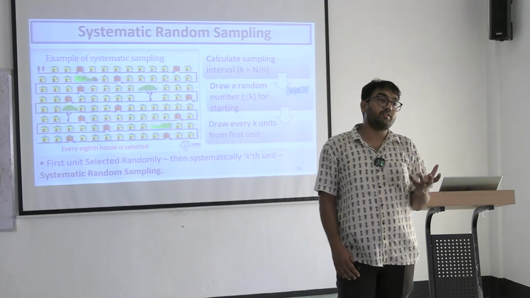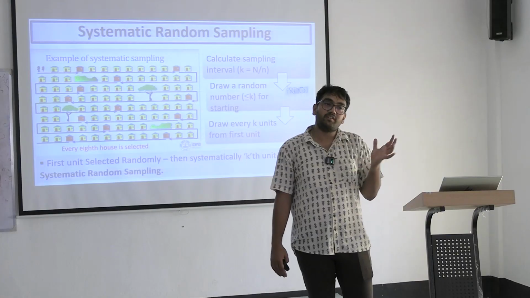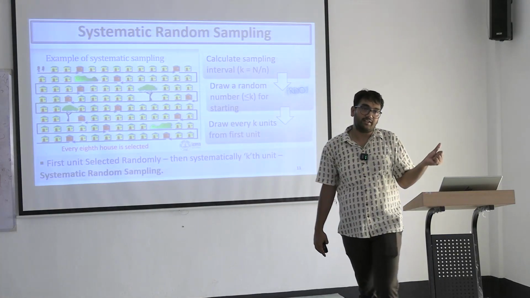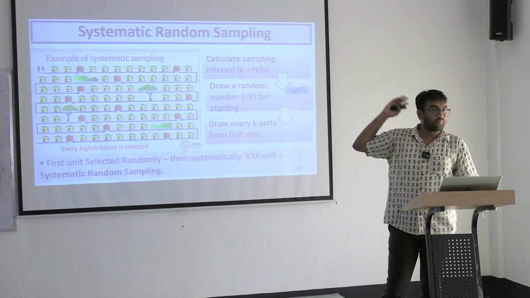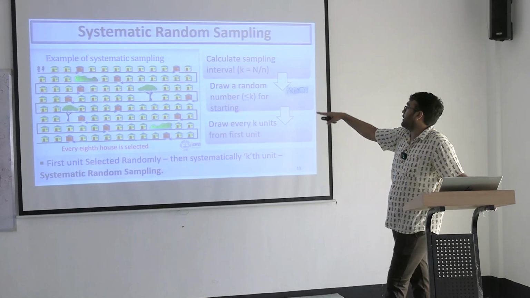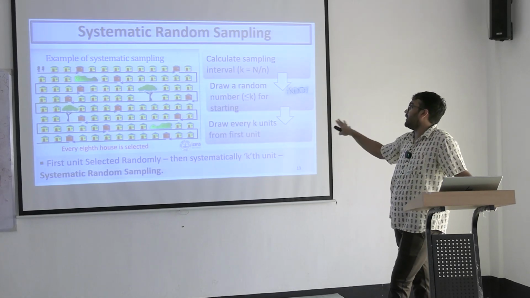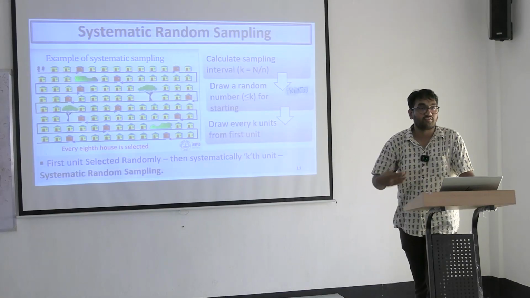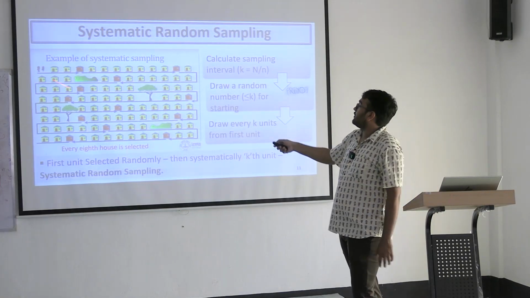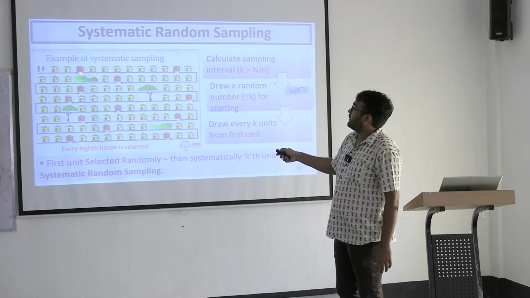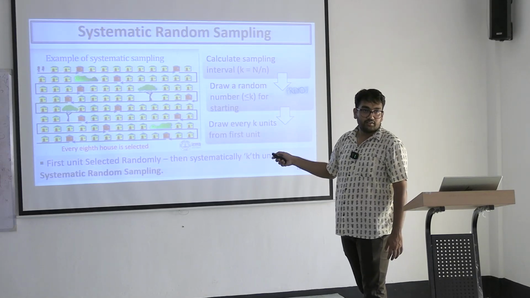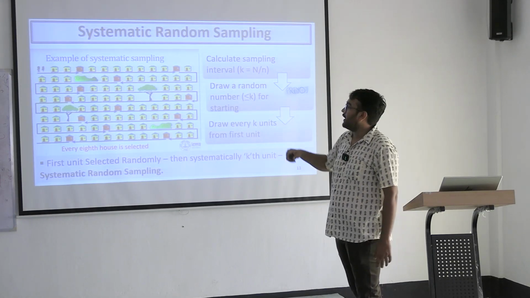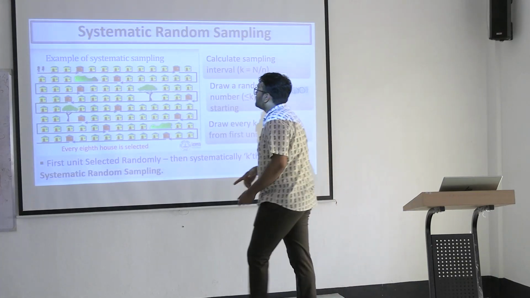We chose one random number between 0 and 40, maybe 17, then 17, 57, 97, like this will go on. So select a random number less than k for starting and draw every kth unit from the first unit. See here, maybe the start was 3, so they selected the third.